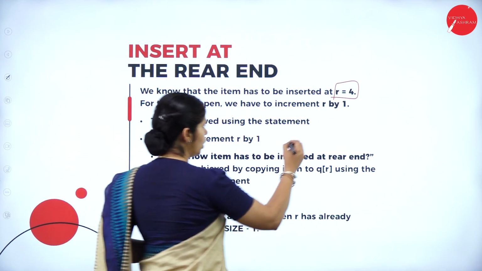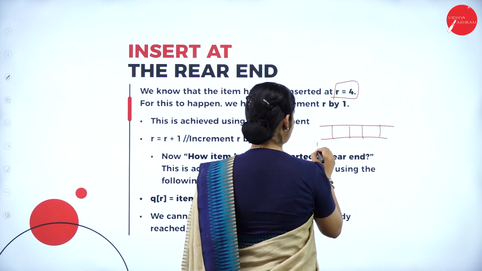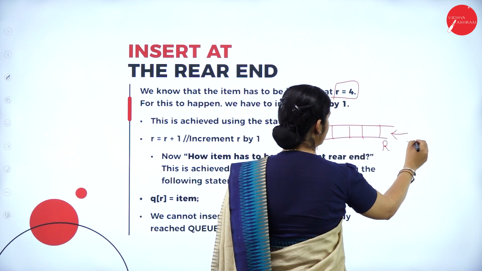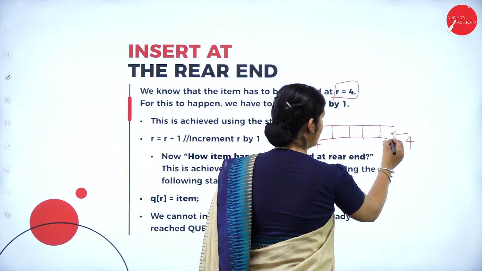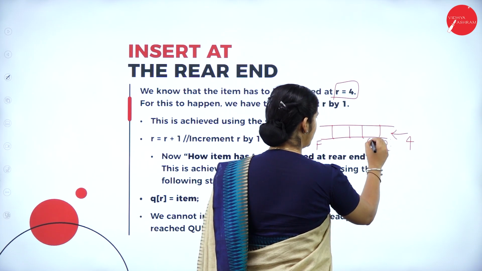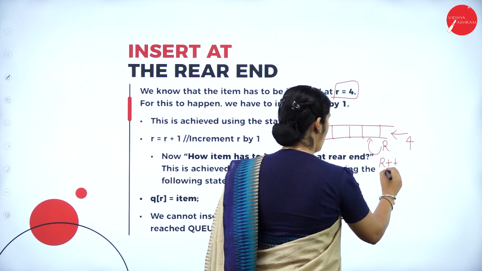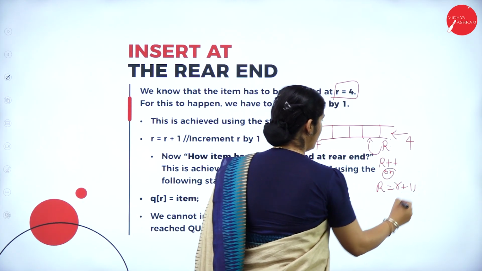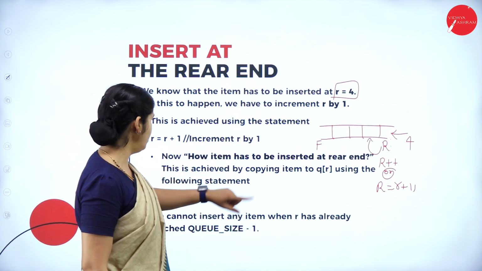So if this is my queue, this is the front end, this is the rear end. I want to insert the element 4 at the rear pointer. Initially R will be pointing to nowhere. So increment R by using R++, or by using R = R + 1, right? So increment the rear pointer by 1.